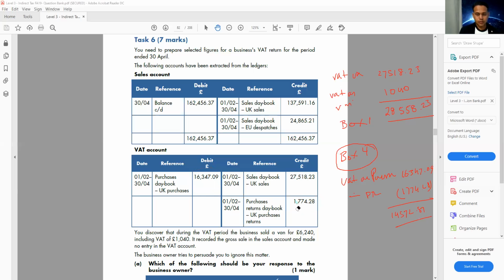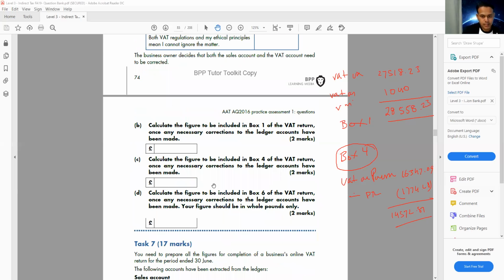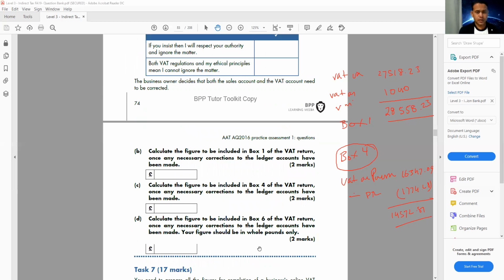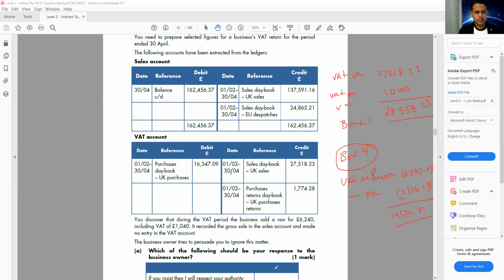Let's have a look at the next one we have. The next one is asking us to calculate the figure to be included in box 6. Obviously, you already know boxes, isn't it? It's all the sales. So how much will be box 6? We have 161.